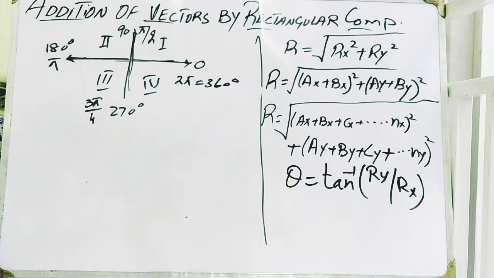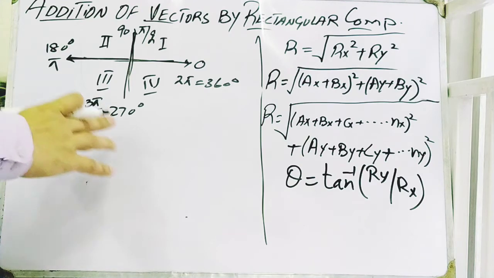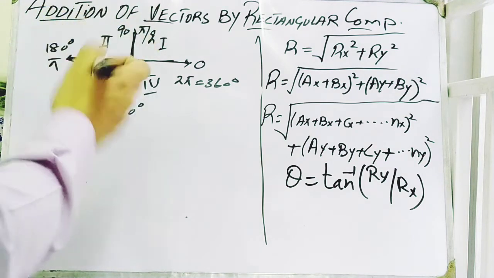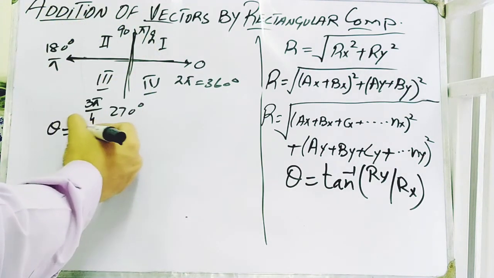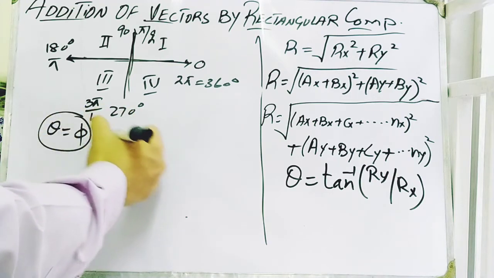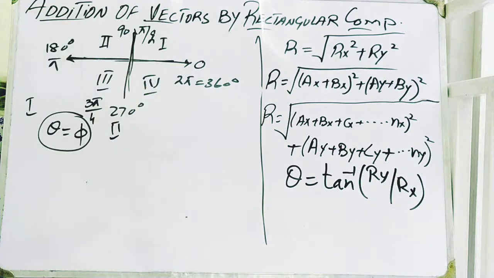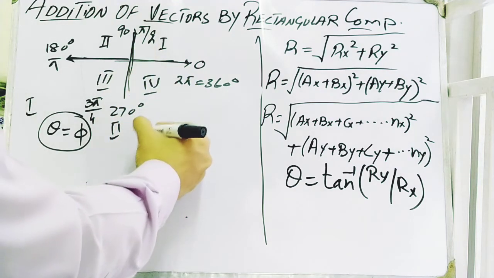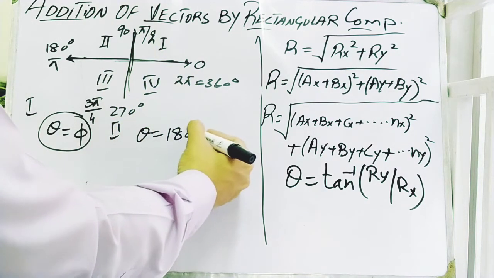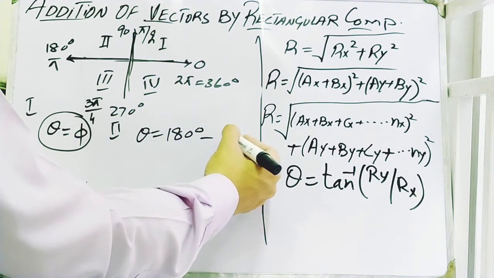So if the resultant vector lies in the first quadrant, the angle will be theta is equal to phi. The angle will be the same in the first quadrant. But in case of the second quadrant, theta is equal to 180 degrees minus phi.